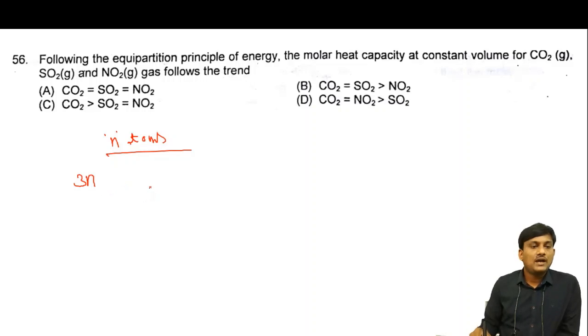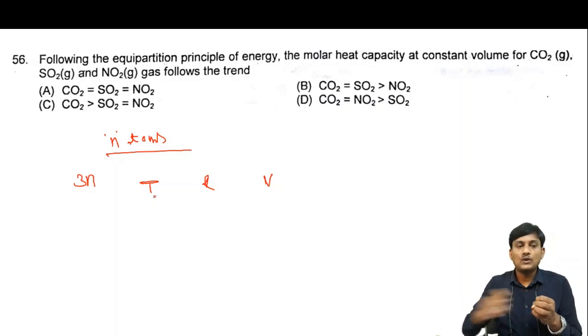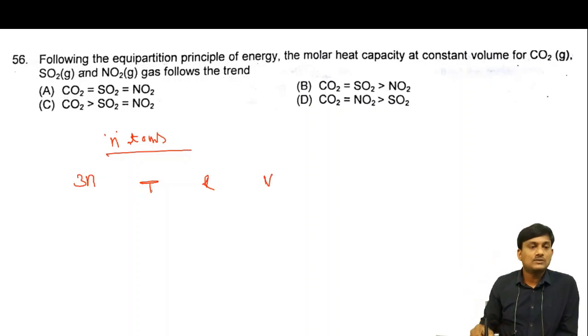In this, we have translational, rotational, and vibrational modes. If you take any molecule, it has three translational, it moves along the x-axis, y-axis, and z-axis. So if you take any molecule, the translation will be 3.